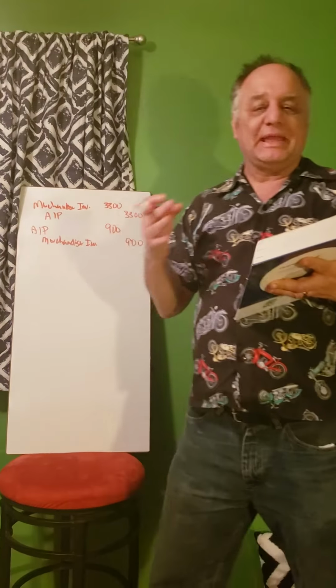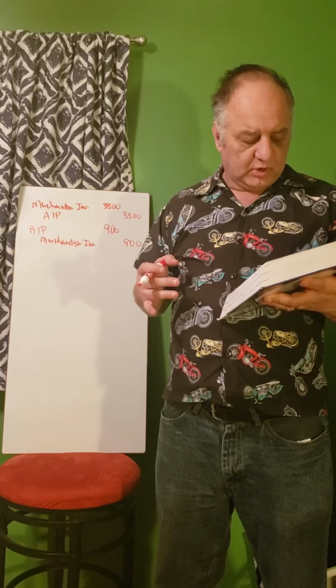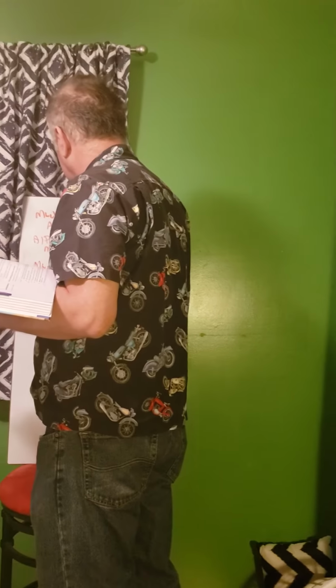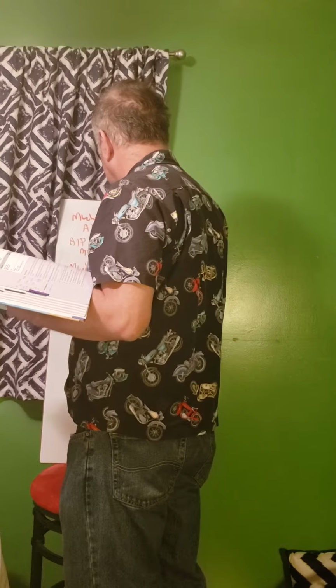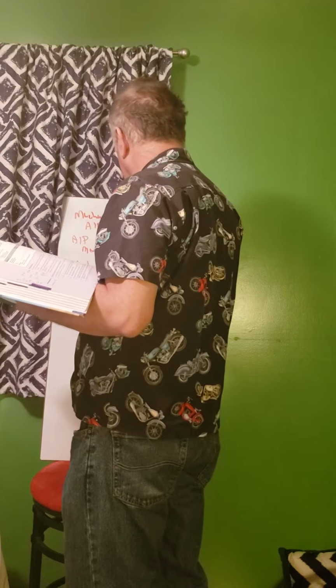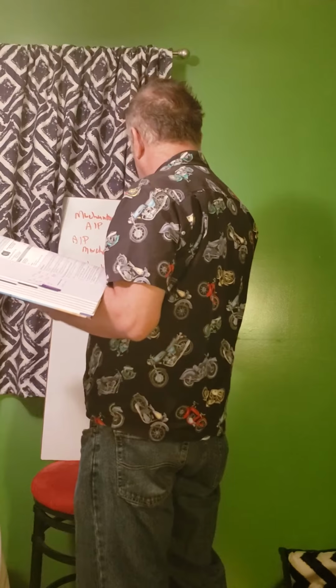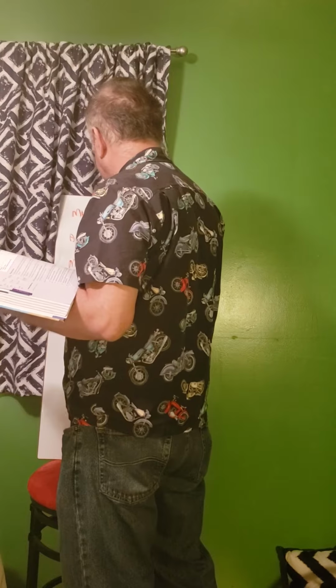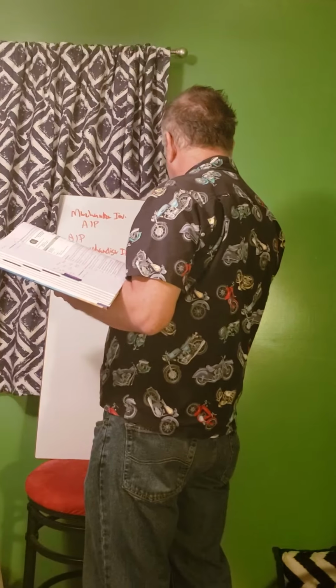So here we have freight on product coming in of $400. So that's going to go against my merchandise inventory account. And we paid cash for that. So this is $400.